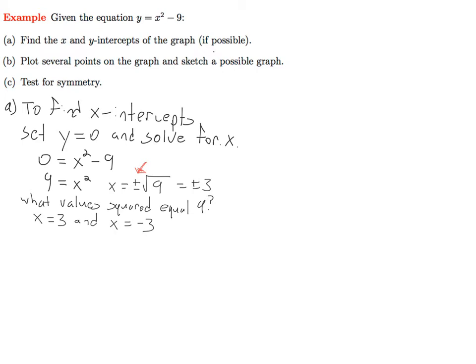To find the y-intercepts, we are going to set x equal to 0 and evaluate to find y.